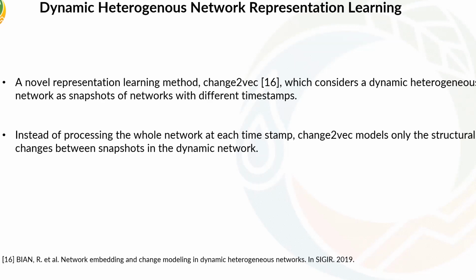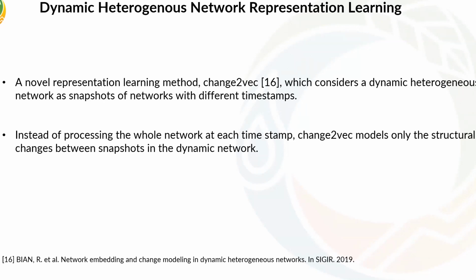But starting from 2019, an increasing number of researchers have been working on network embedding for dynamic heterogeneous networks, because very often real-world networks contain more than one type of object and relationship, and they do change over time. That's why network embedding in dynamic heterogeneous networks has received more attention in the past 2-3 years. And I was one of them.